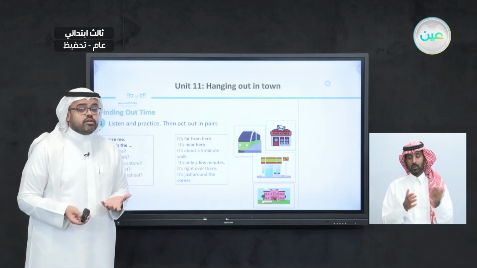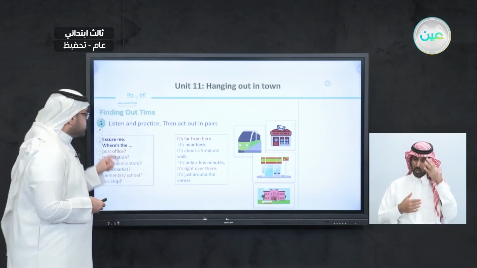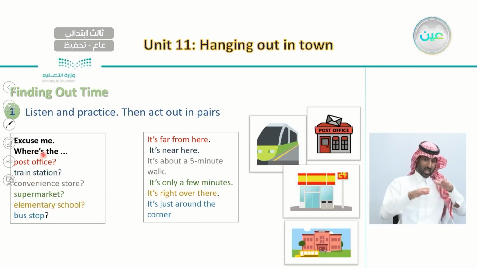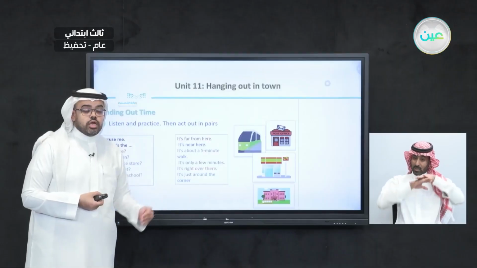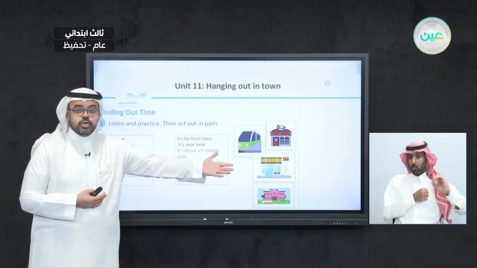Now let's listen for the second place. Excuse me, where is the train station? And you can listen to the answer like, it's near here. So the train station is near and the post office is far from here.